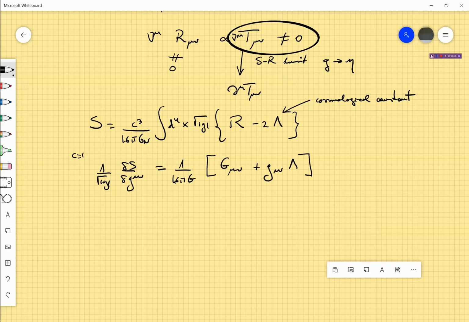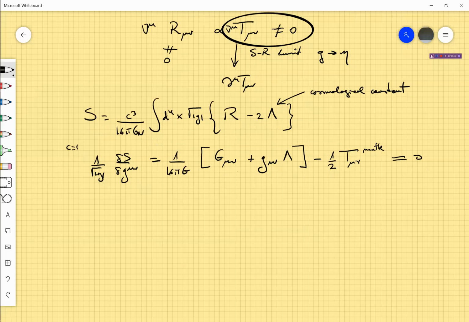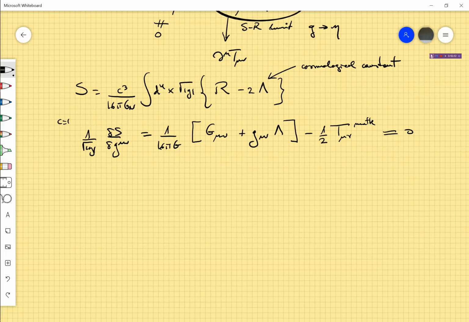Okay, and then you may have matter. Let's write the matter contribution to this equation, and all these equal to 0. Then, okay, I can rewrite this in this way.